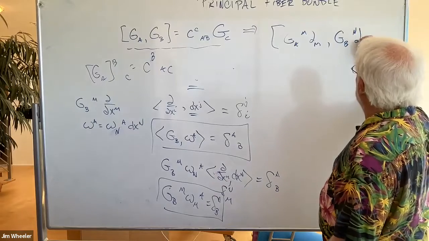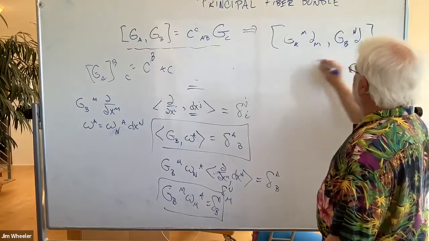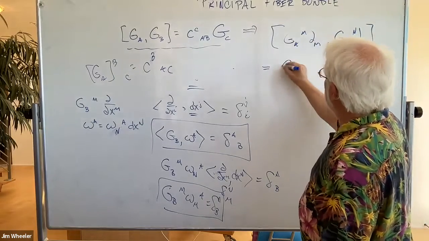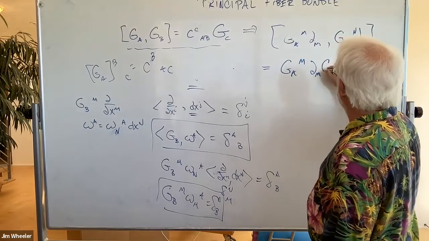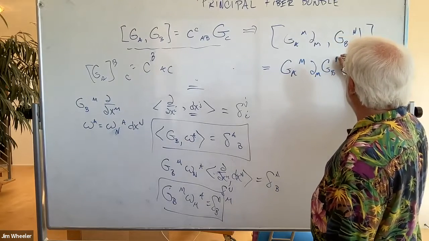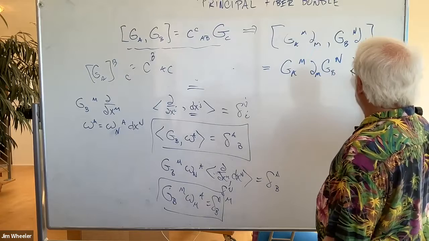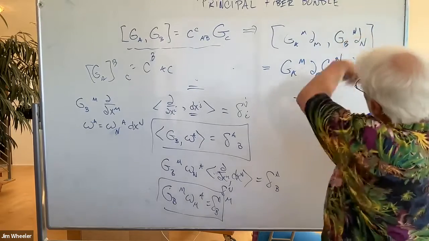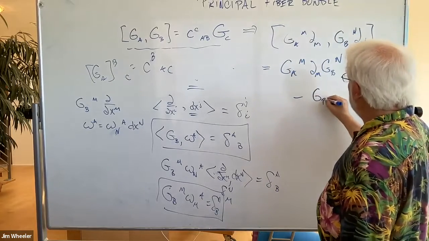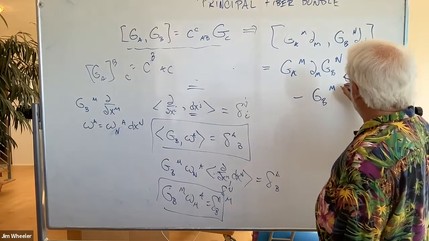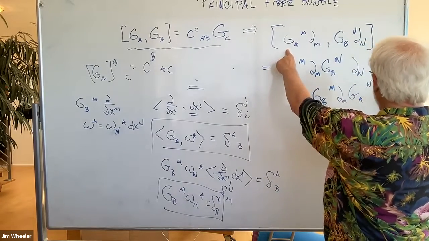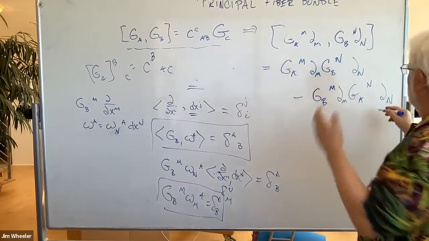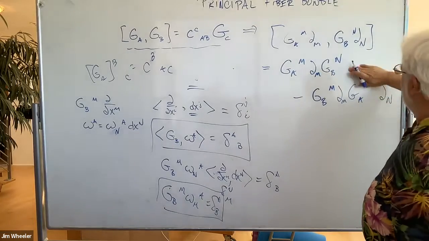So let's write out what this commutator is. It's G_A^M partial_M G_B^N minus the other way around, G_B^M partial_M G_A^N. So I can prove it.